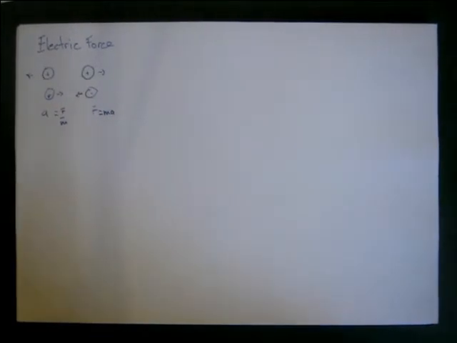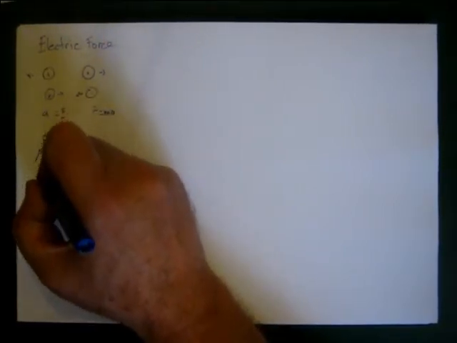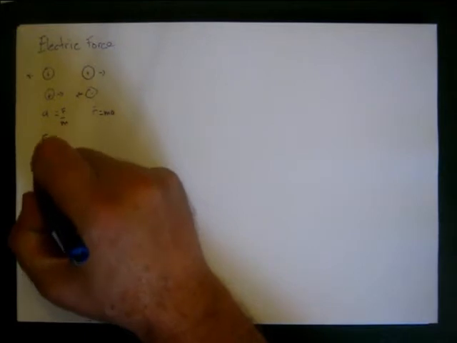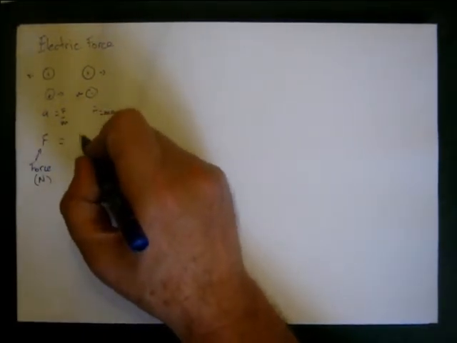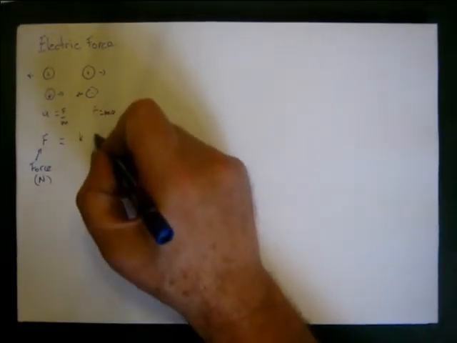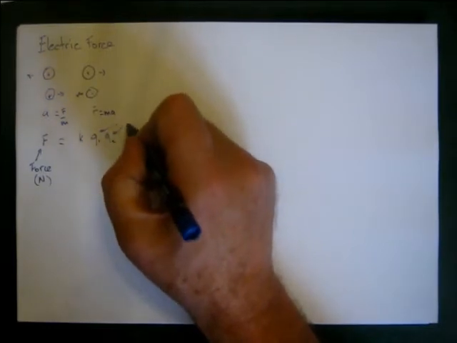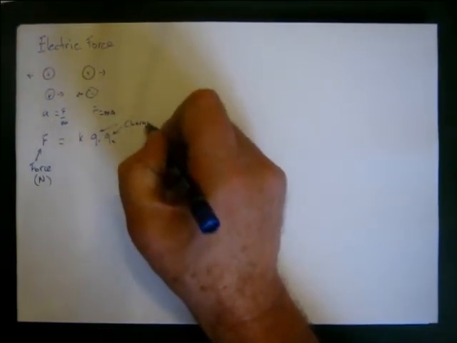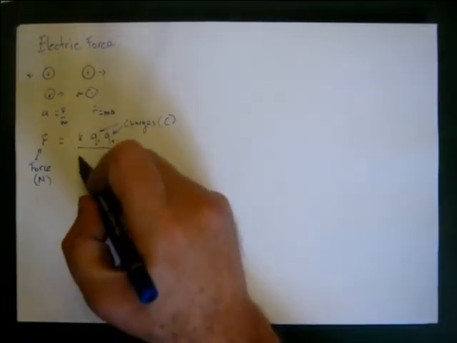So how can we tell how big that force actually is? We actually have an equation for this. This is for electrostatics. Force, measured in newtons, is going to equal a constant times Q1 Q2, so these are charges, and charges are measured in coulombs, over r squared.